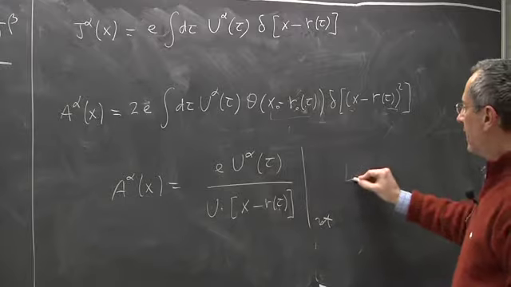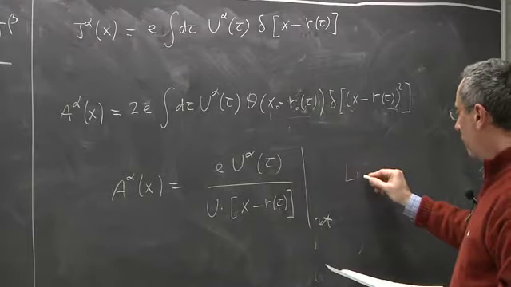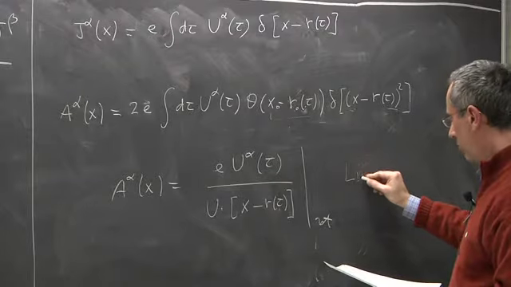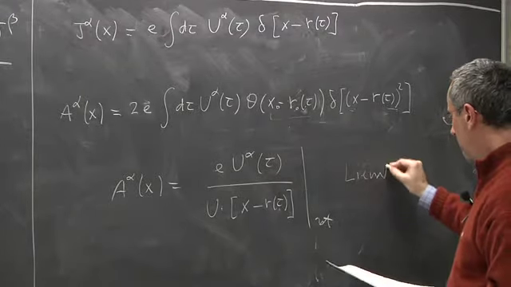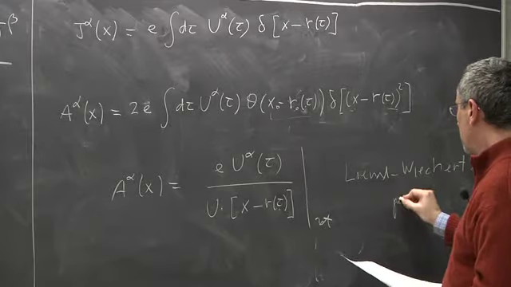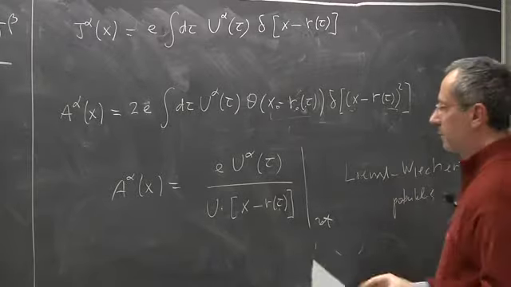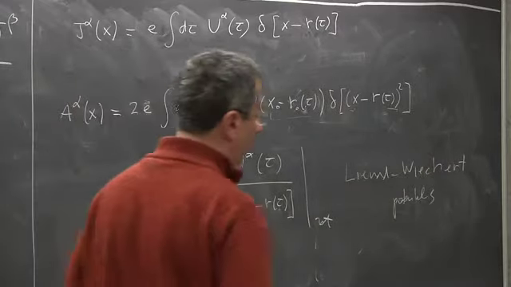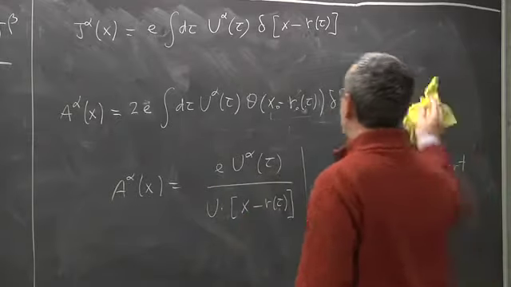And so this is the four-dimensional form of the Liénard-Wiechert potentials. And you can see that they go into what we computed in three-dimensional space.